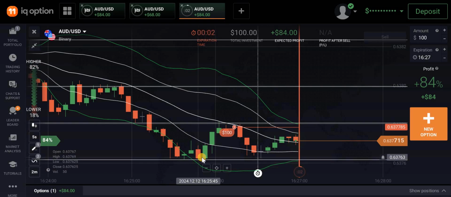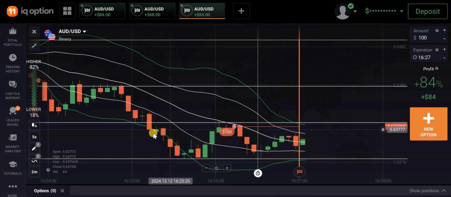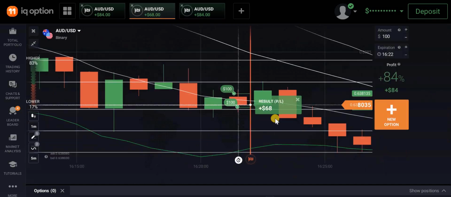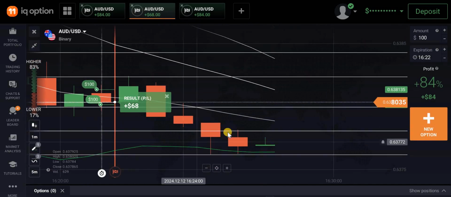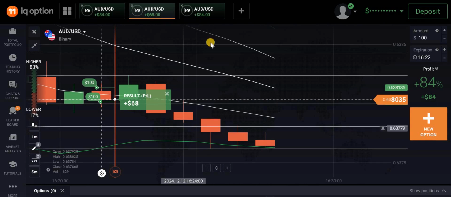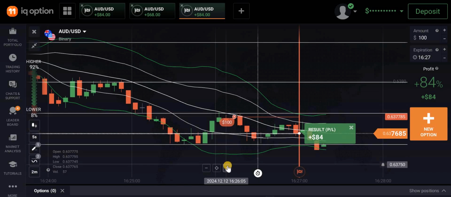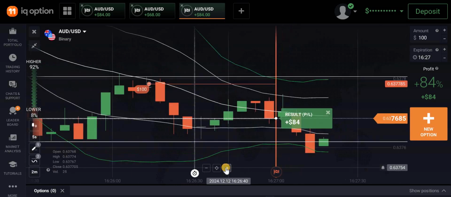You see how engulfing, hammer, they were strong here, but at this point they were weak. At the bottom point they were strong. So when price comes back to that weak point again, all we have to do is to put our trade there. Now you can come to the 5 seconds for confirmation.